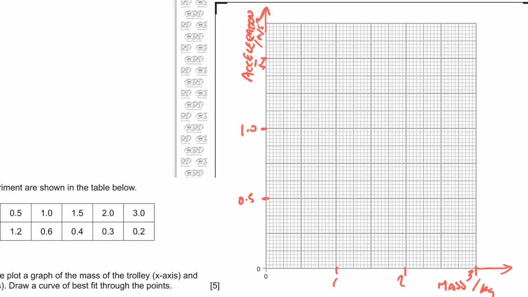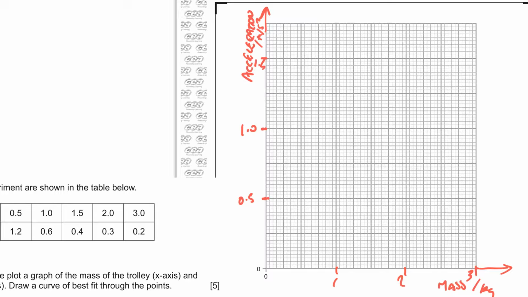Half a kilogram is here, 1.2 is there. 1 kilogram and 0.6, so 1 kilogram, 0.6. 1.5 kilograms and 0.4, and 2 kilograms, 0.3, is going to be there, and finally 3 kilograms and 0.2 is going to be there.